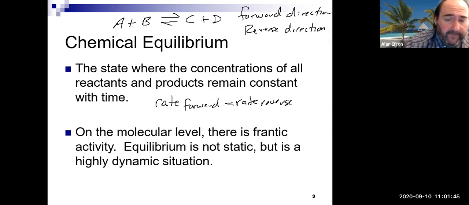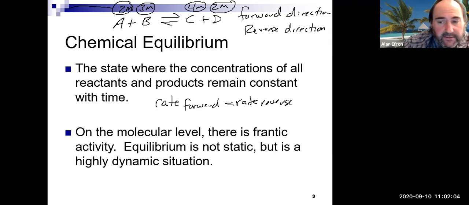So for example, if we reach equilibrium and the concentration of A was 2 molar, 3 molar for B, 4 molar for C, and 2 molar for D, when we reach equilibrium, these will be maintained, because just as quick as it goes to the right, it's going back to the left. You get that equal flow, and it locks everybody into place in terms of their concentration at that point, maybe their pressures, if we're talking about pressures.